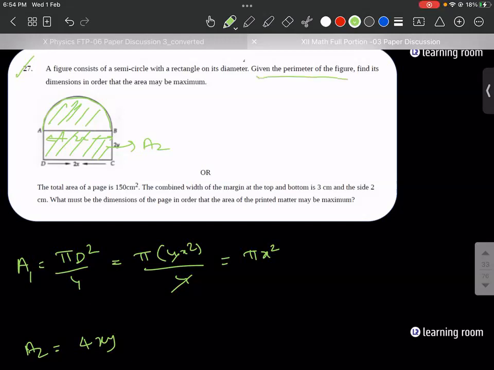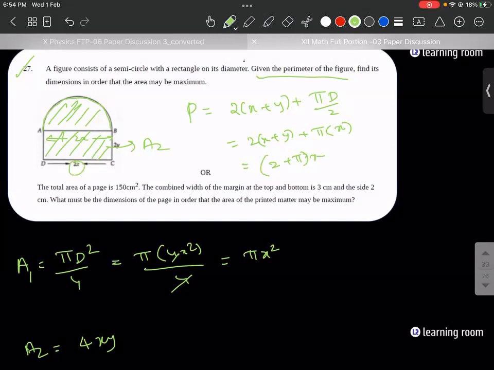So here, if you observe, the perimeter of the figure is given. So what is going to be the perimeter of the figure? If I take P is equal to, that will be 2 into x plus y plus pi into d divided by 2. So 2 into x plus y plus pi into diameter, which is 2x. Sir, I have a doubt. Tell me. Sir, here length is given 2x, 2x and 2y.